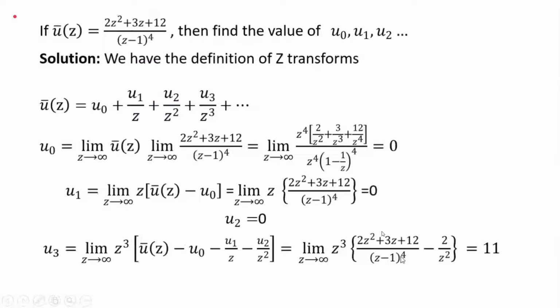Can you see that both numerator and denominator will be of the same degree? Therefore, the limit will be non-zero. And it comes out to be 11.